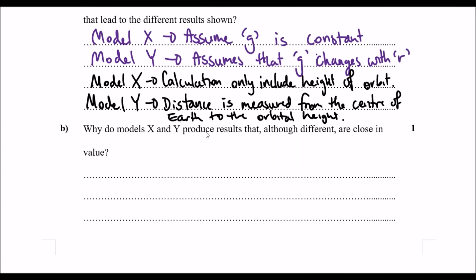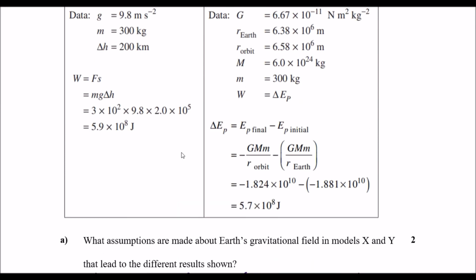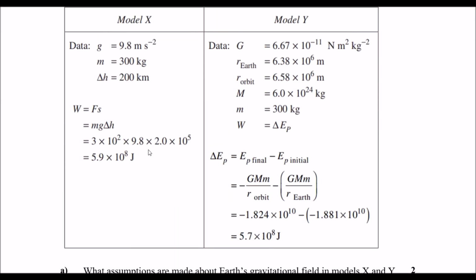Why do models X and Y produce results that, although different, are close in value? Okay, so why would that be the case? Well, effectively speaking, they're both measuring gravitational potential. The only real difference that we have here is because, well, firstly, the heights are slightly different.